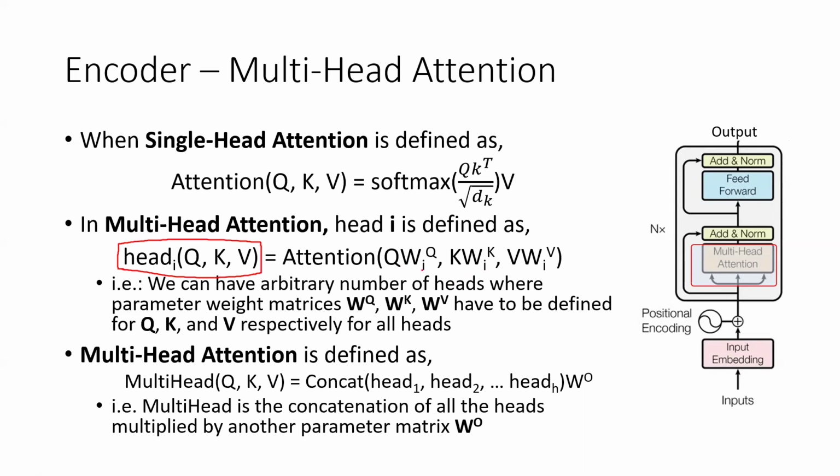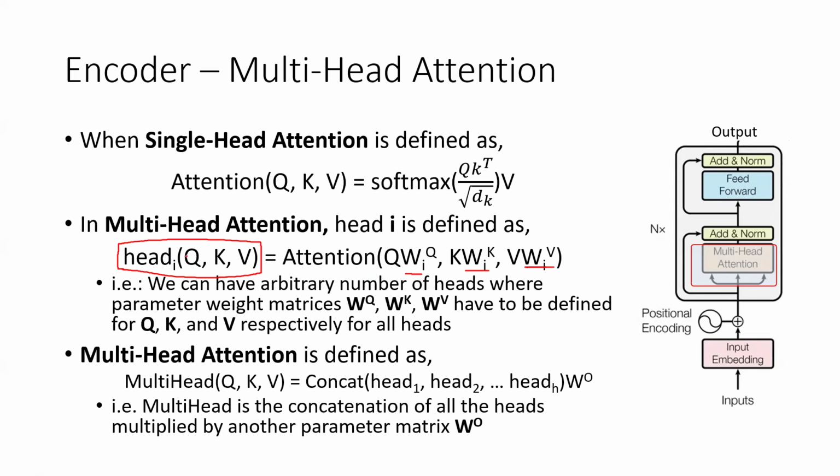For each of these attention heads, similar to the filters that we have, there are different weight matrices. For different attention heads, you can have 3 different weight matrices, known as WiQ, WiK, WiV. These are weight matrices that you can define for each attention head.